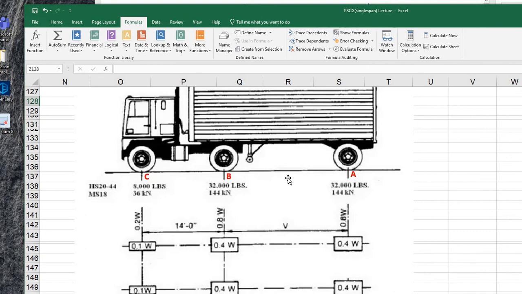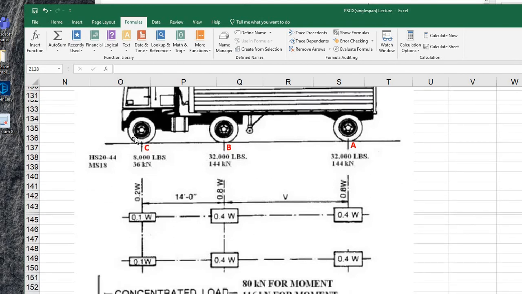Okay? Tapos, eto naman, ang bumubuhat dito sa makina tsaka din sa cab is wheel C. Yan yung 36 kilonewton. And that is for single line ng gulong sa isang side lang. Notice na dalawa yan, yung kaliwa at saka yung kanan.